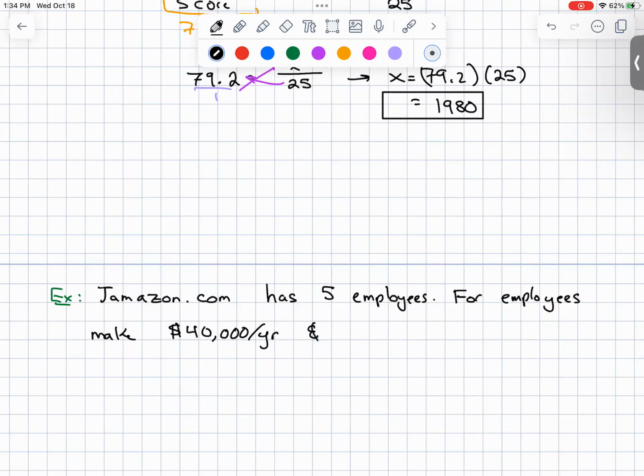And the manager makes $200,000 a year. Literally 5 times as much. That was actually pretty normal back in like the 1970s, maybe a little bit before that.